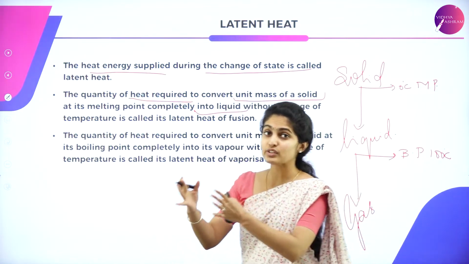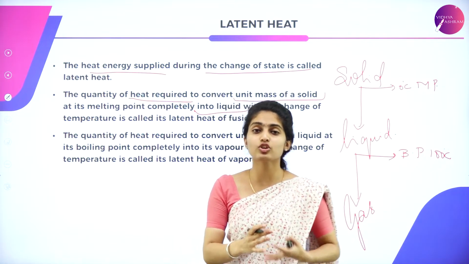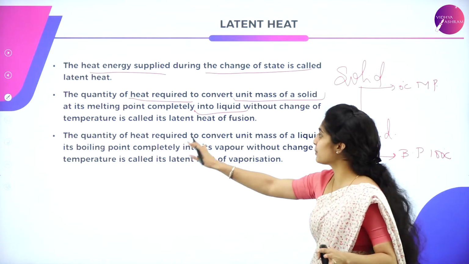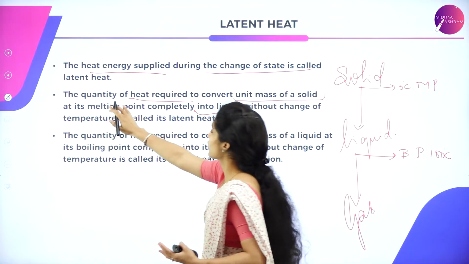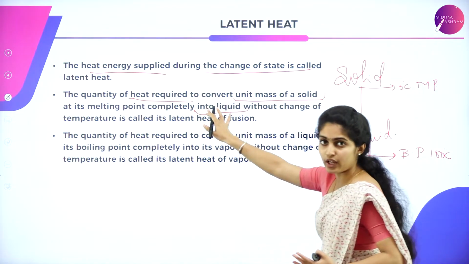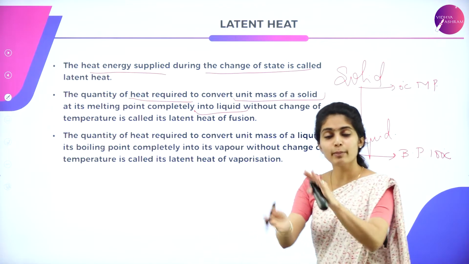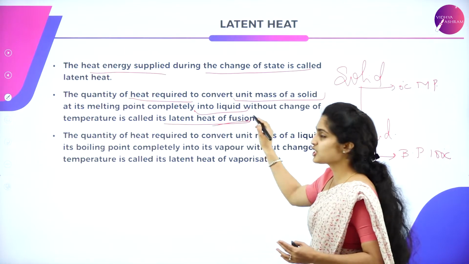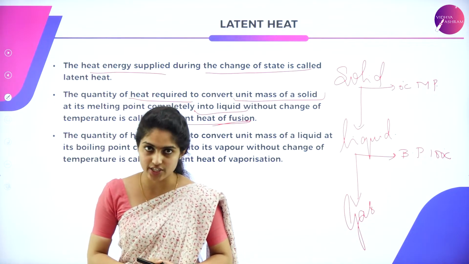I told you the difference between heat and temperature. Temperature is nothing but the hotness or coldness of a body. Here there is no change in temperature, but it starts melting because of the heat supplied. So the quantity of heat required to convert unit mass of a solid at its melting point completely into liquid is known as latent heat of fusion, and the most important thing is there is no temperature change.